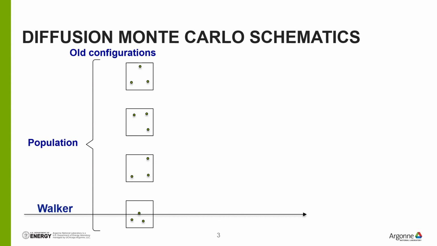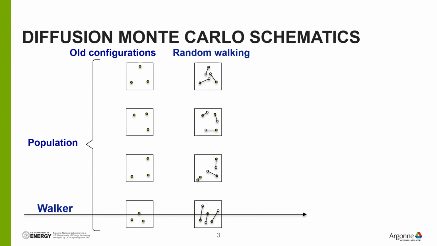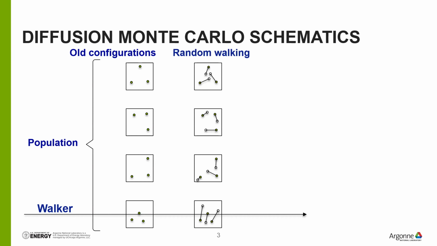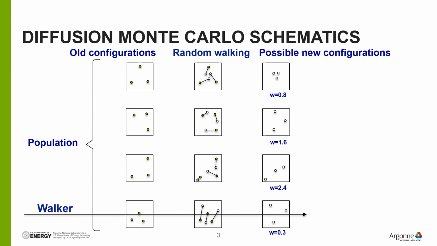As time moves, each configuration we evolve it over time. We call it Walker. So at each step, you propose some new electron positions. You compute certain quantities. You make a decision whether it's accepted or rejected, this move. Then you calculate a bunch of other things, assign weight.